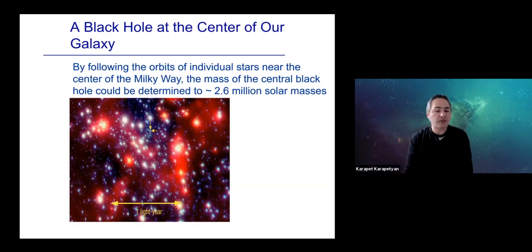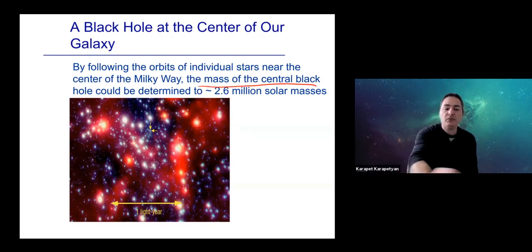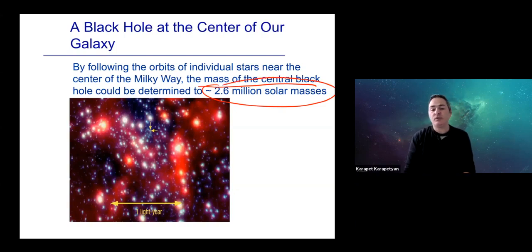If we cannot see what's there but stars go around it, the evidence suggests that there's a black hole. They're going around the black hole. So the mass of the central black hole could be about 2.6 million solar masses. That means it's almost as massive as 2.6 million of our suns combined.